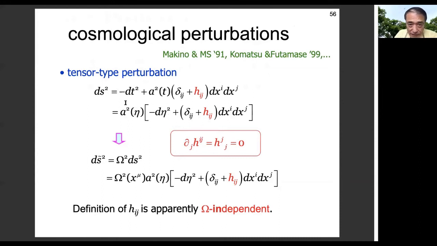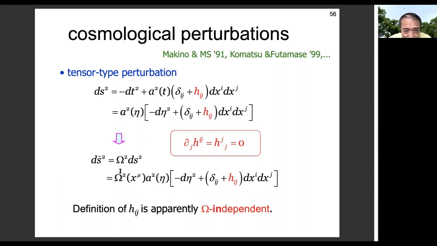If you use the conformal time, then you can extract everything in terms of the conformal factor, which is just the standard scale factor. But apparently, at this level, once you take this conformal factor out of this metric, the so-called conformal time is, by definition, invariant under conformal transformation.